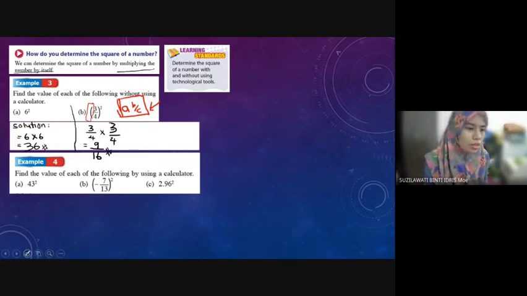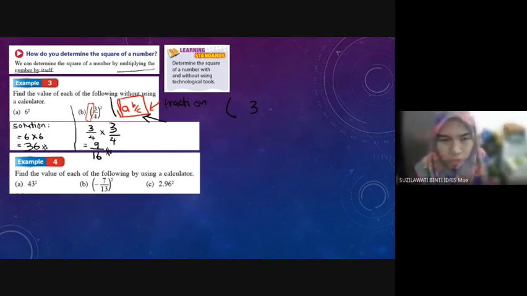This button means fraction. Bila kamu dah press bracket, then press 3, then press this button. When you press A, B over C, in your calculator you will see this one. Betul tak?